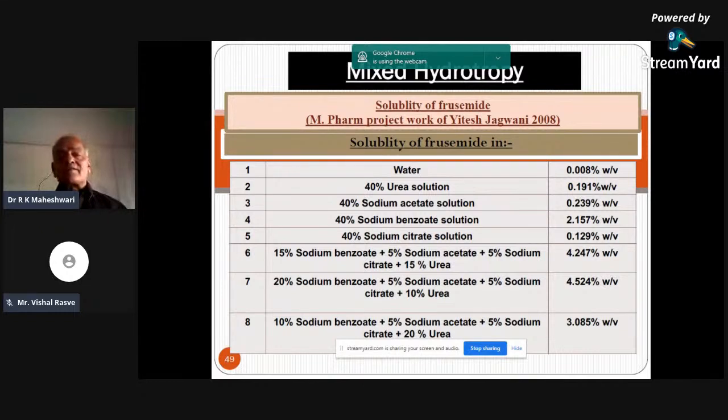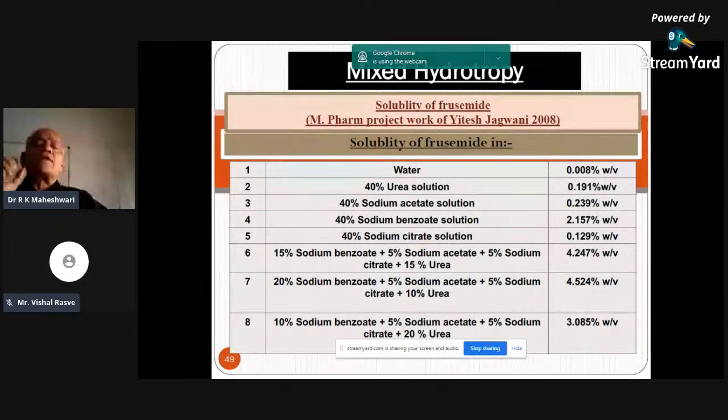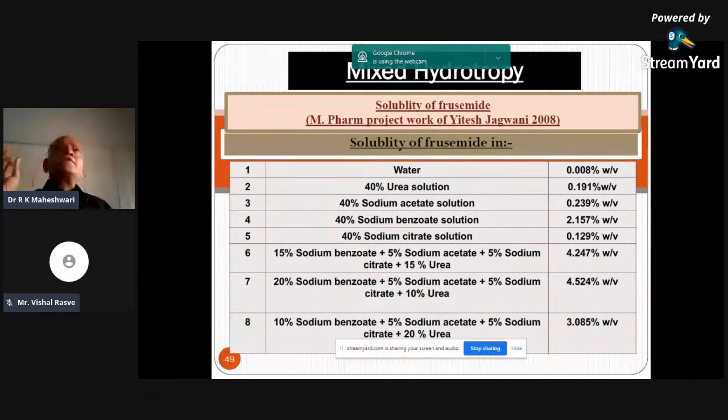Now coming to mixed hydrotropy. I told you that hydrotropic solubilization is about a 100 year old concept; I think the word hydrotropy originated in 1916. No one had used mixed hydrotropic solubilization before 2008.